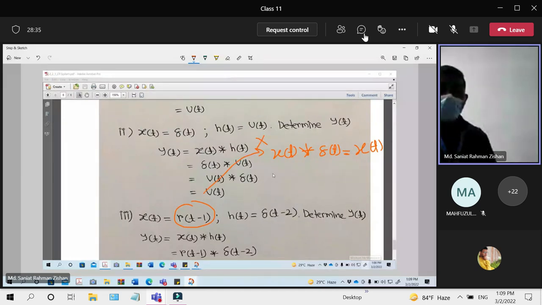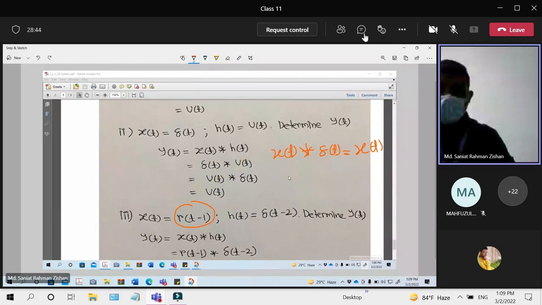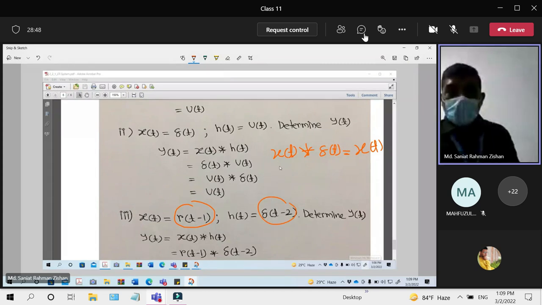We need to go to another one. Okay. This is not directly similar to this one. There was another property called x(t) convolution delta(t minus t naught).